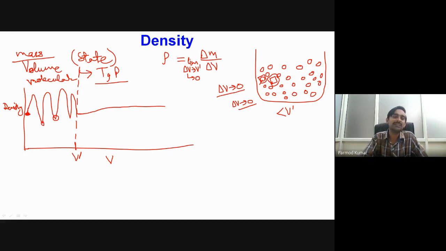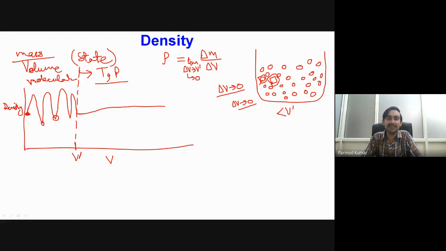So that's why, when our volume is less than some critical volume where our molecular length scales are becoming important, and we apply the macroscopic or continuum formulation of density, we may get some fluctuations over here.